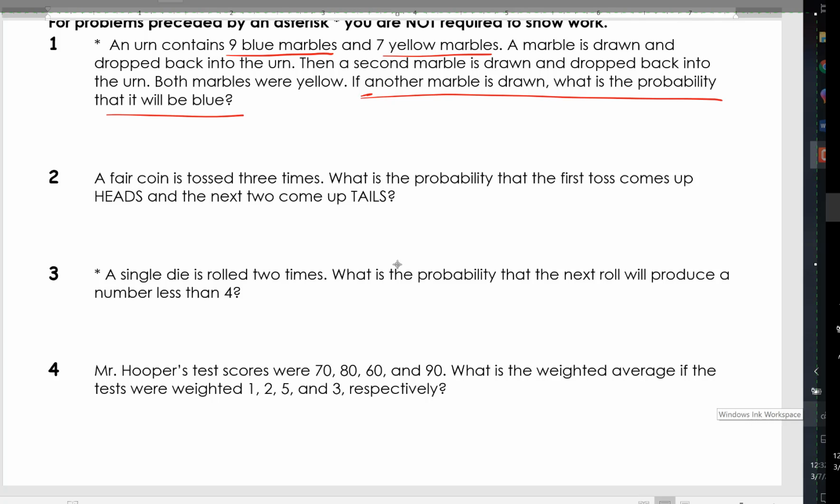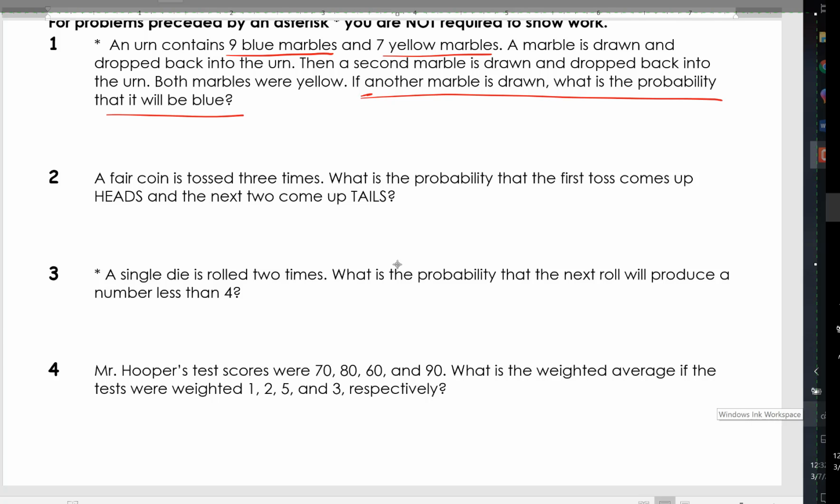All right? So right now, there's an urn with 9 blue marbles and 7 yellow marbles. All we want to know is, if you draw a marble now, what is the probability that it will be blue? Okay? So that second sentence has no effect whatsoever on the question. You took them out, you put them back in, everything's back to the way it was.